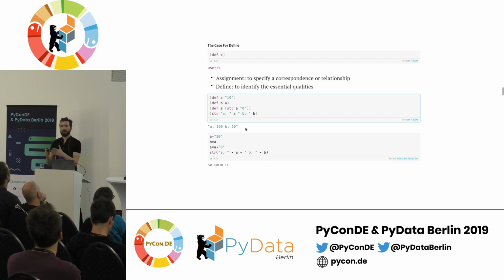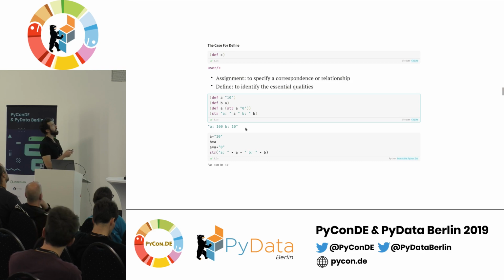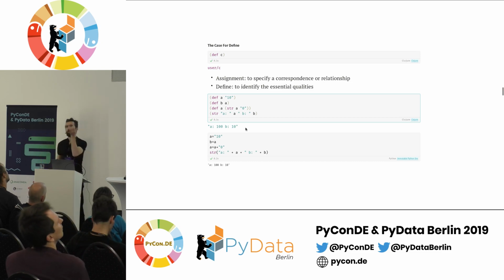Okay, now this isn't the only way we can define state in a language. For example, closure. Here I have a define function that just defines this C. We mostly see it more like this. This is the same as we see in Python, right? Def A to 10. And the difference here is the wording. The words do matter.